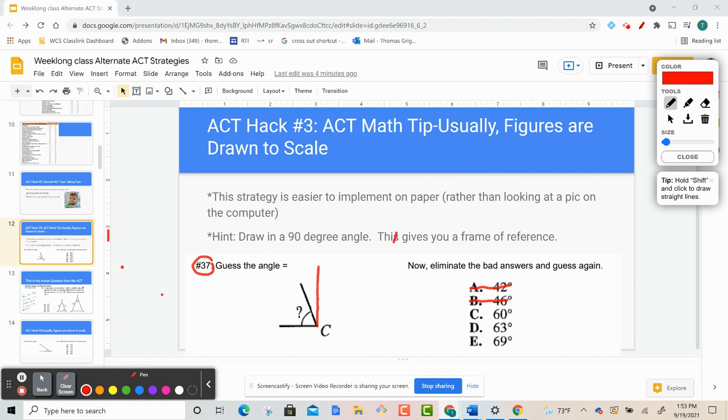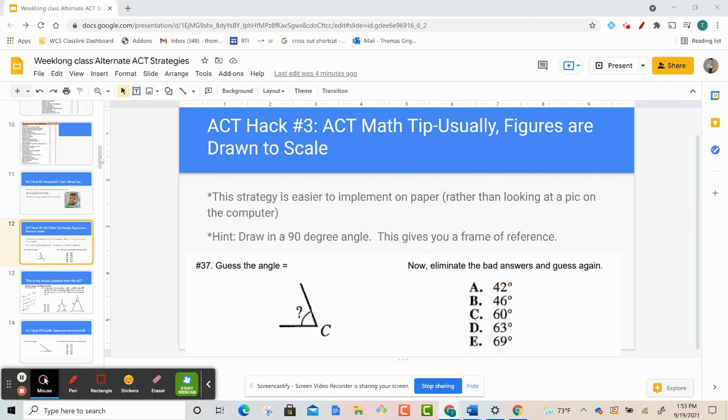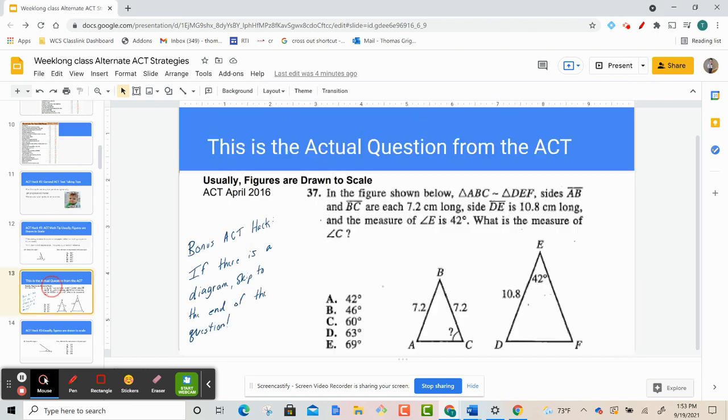The mathematical way to do this is you recognize that these two triangles are similar because they do give us that information in the problem. But you can probably just look at the diagram and tell that these two triangles are proportional. So that means both of these triangles are isosceles. We know there's 180 degrees inside a triangle.